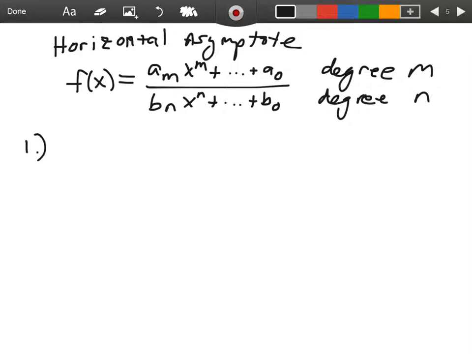So we have three possible things. That the degree of the top is less than the degree of the bottom. We have a horizontal asymptote at y equals 0.